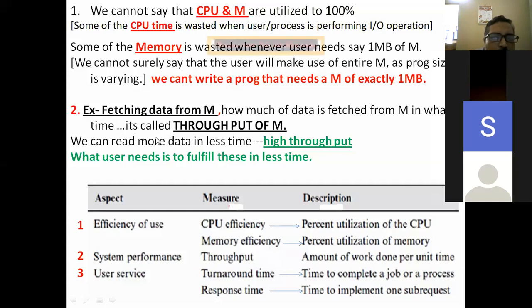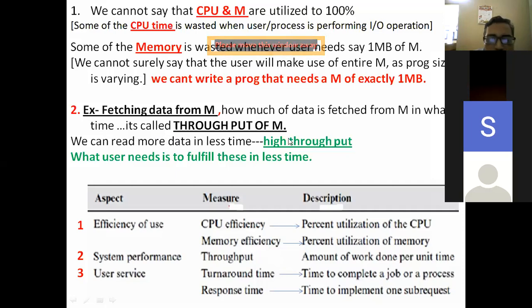So we can read more data in less time. Suppose I am able to read more data in a lesser amount of time, then I can say that the throughput is high. Why? Because this concept of reading more data is being measured with respect to the time factor.